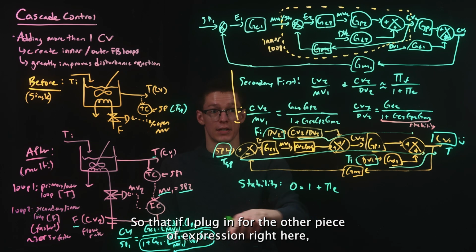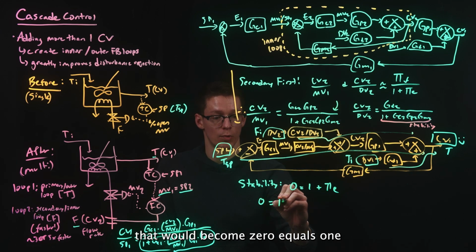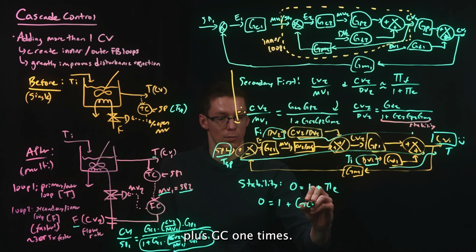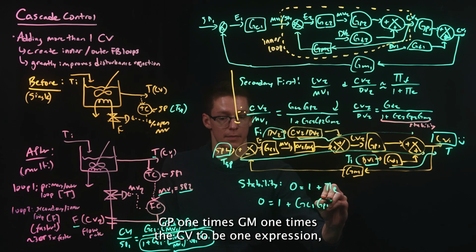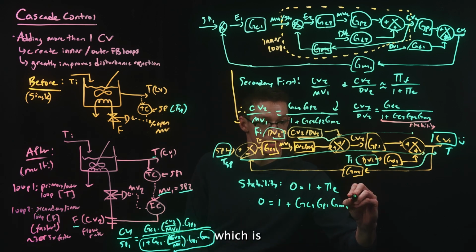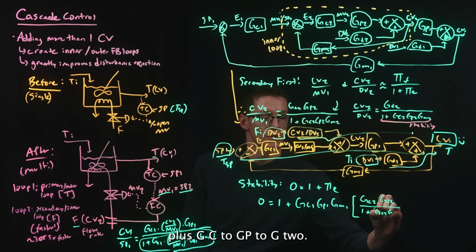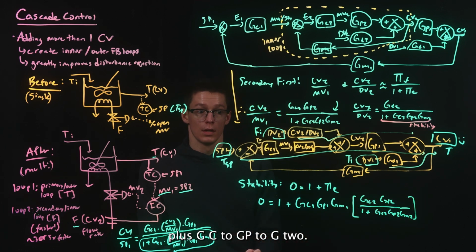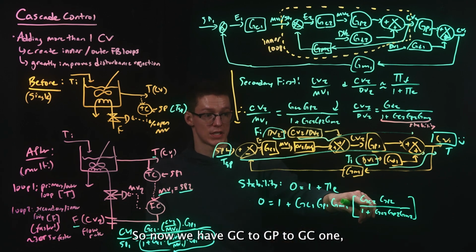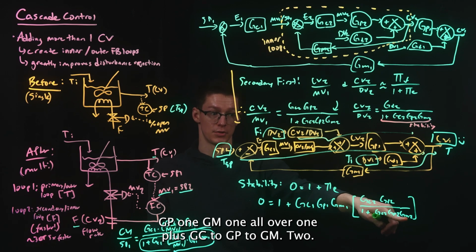So that, if I plug in for the other piece of expression right here, that would become 0 equals 1 plus GC1 times GP1 times GM1 times the CV2 over MV1 expression, which is GC2 GP2 over 1 plus GC2 GP2 GM2. So now we have GC2, GP2, GC1, GP1, GM1 all over 1 plus GC2, GP2, GM2.